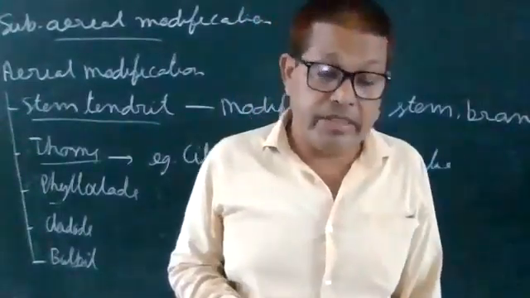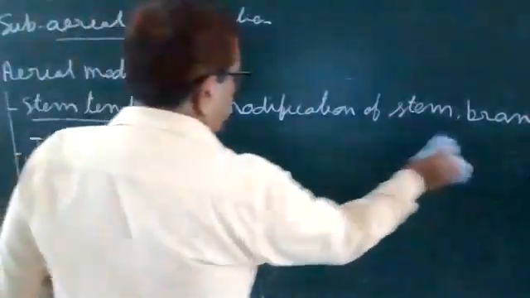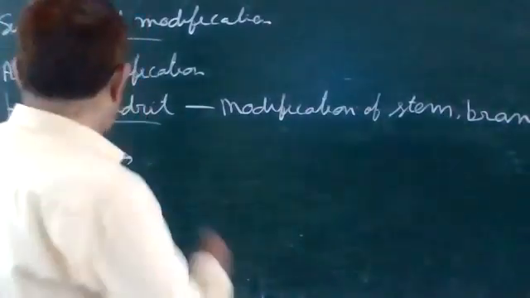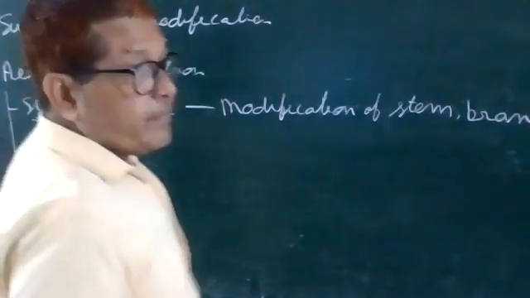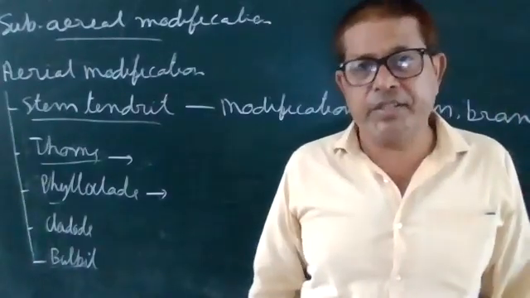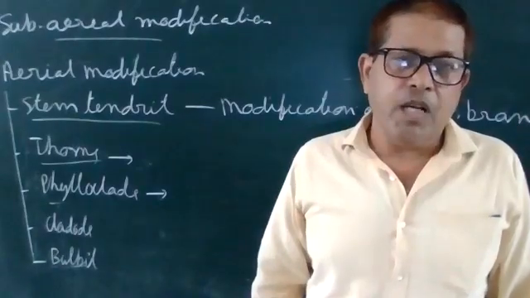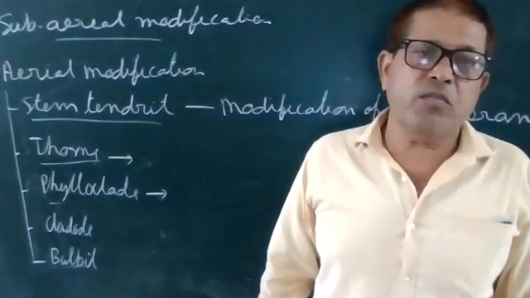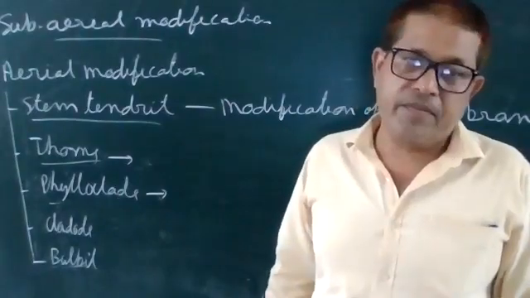So next one is phylloclade. When the stem becomes flat, green, and functions for photosynthesis, such modified stem is known as phylloclade.